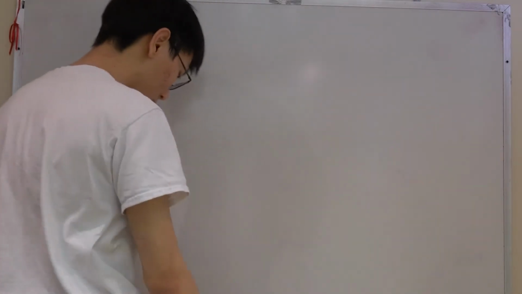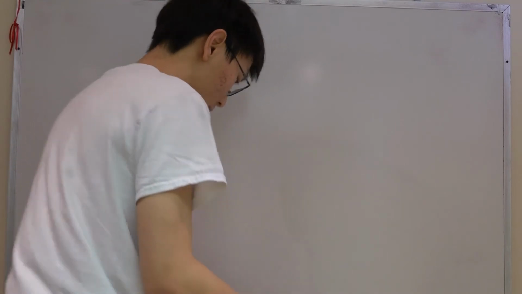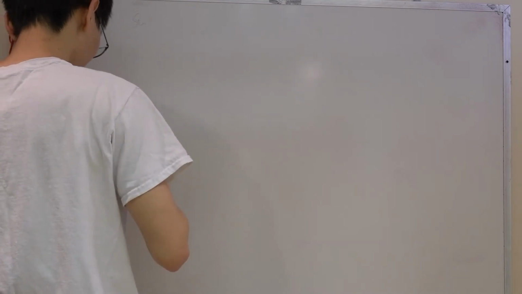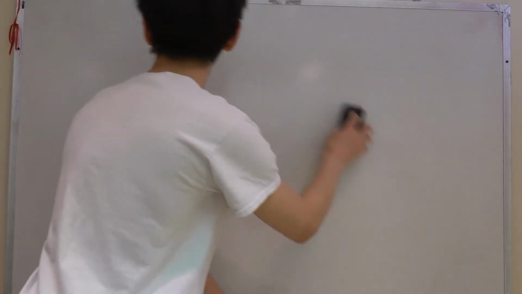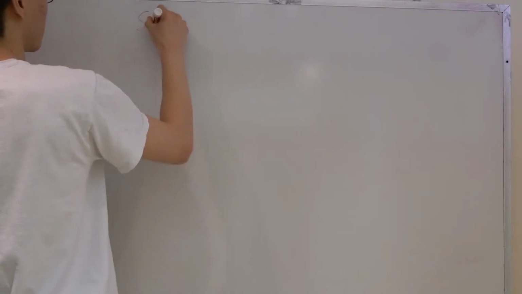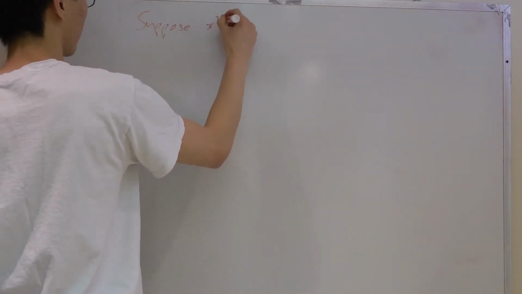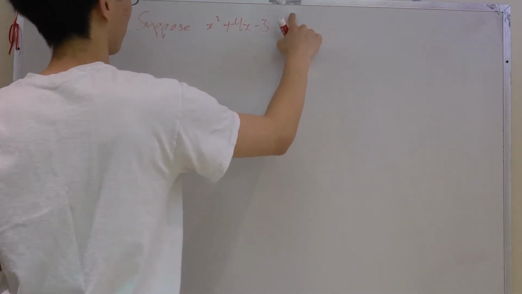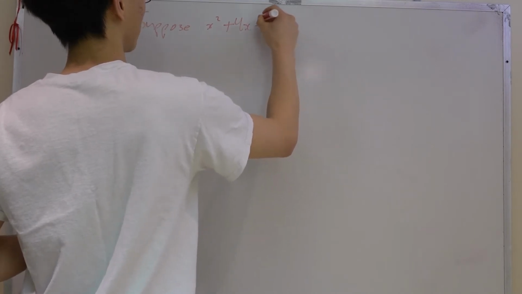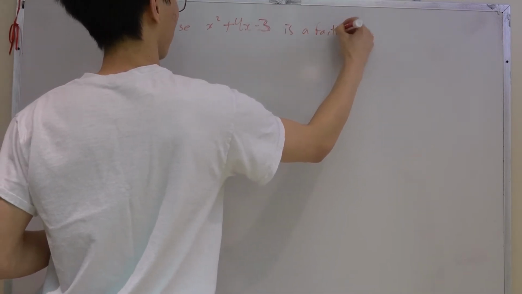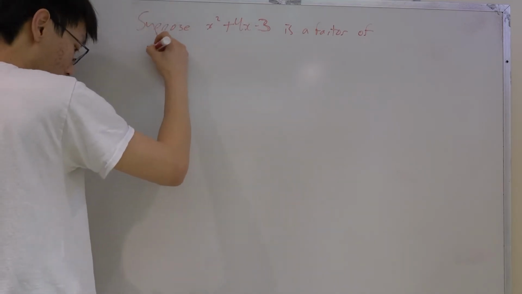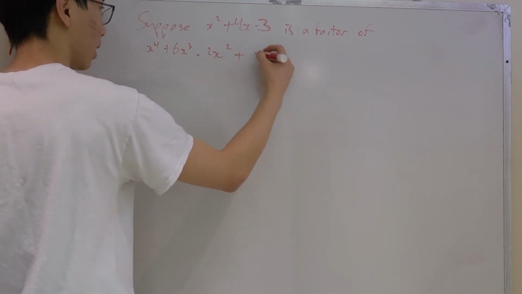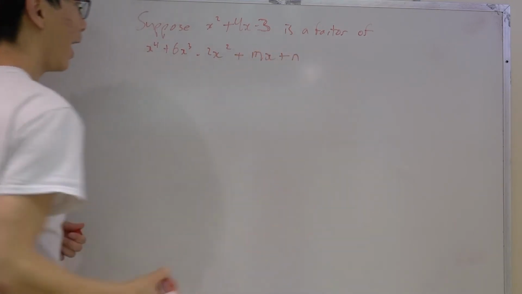Suppose x squared plus 4x minus 3 is a factor of the larger polynomial x to the 4 plus 6x cubed minus 2x squared plus, here's the weird part, mx plus n.